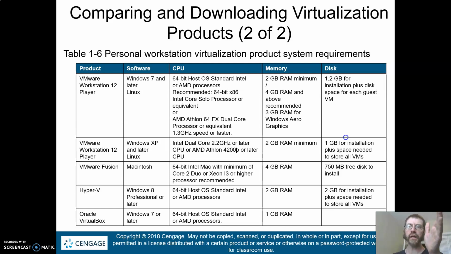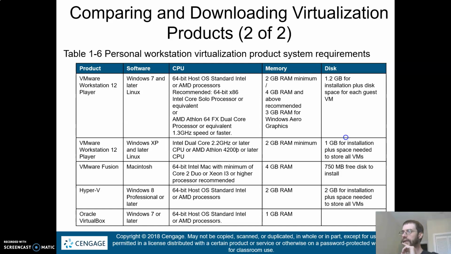Honestly, if you're talking about running Hyper-V, that means 2 gigs of RAM for Hyper-V all by itself, if not 4. Running Windows 8, Windows 10, or even really Windows 7 with only 2 gigs of RAM, while officially possible, is completely infeasible, and you shouldn't try it. So think of these as the extra free memory you need to run the product, not the total memory of the system.